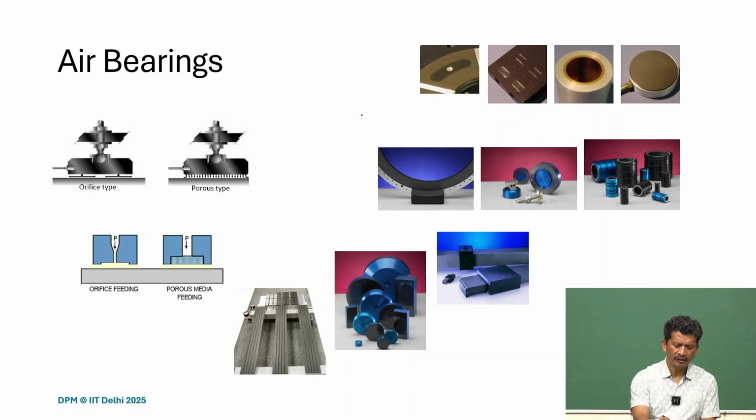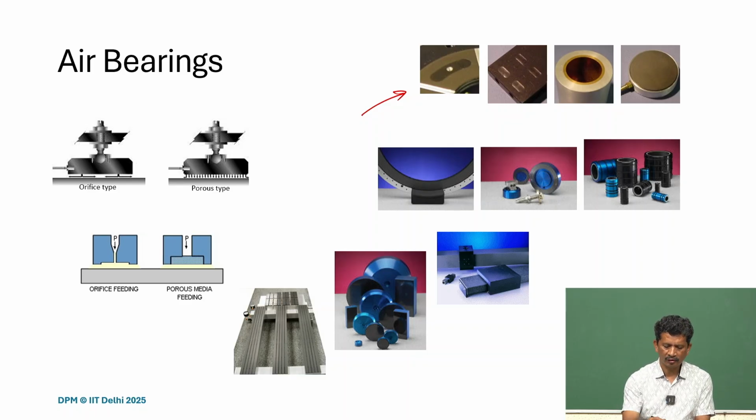So what we realize here is that there are different kinds of air bearings. We can classify them as aerostatic bearings also, because the way the bearing works is not because of a dynamic effect, but more like a static effect. So there is pressurized air fed through the orifices, and then we create a pressure under the bearing surface, and that's how it's able to support the load.